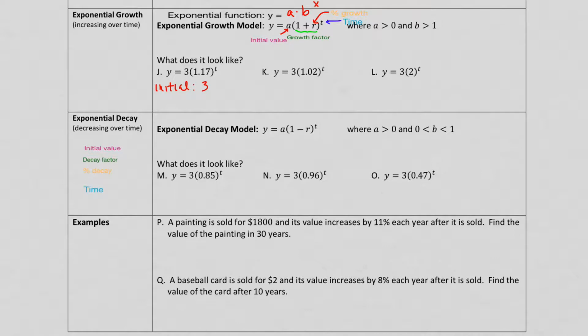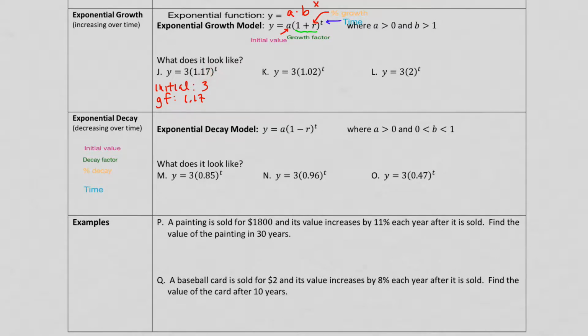Now, as far as the growth factor, I'm going to put GF because of space, is going to be 1.17. So that's my pattern here, so it's 1.17. But to actually understand, guys, by what percent is my function growing, that's going to be this 0.17.